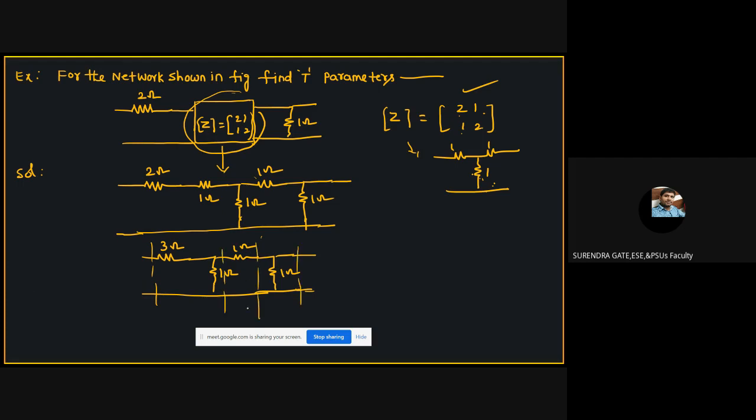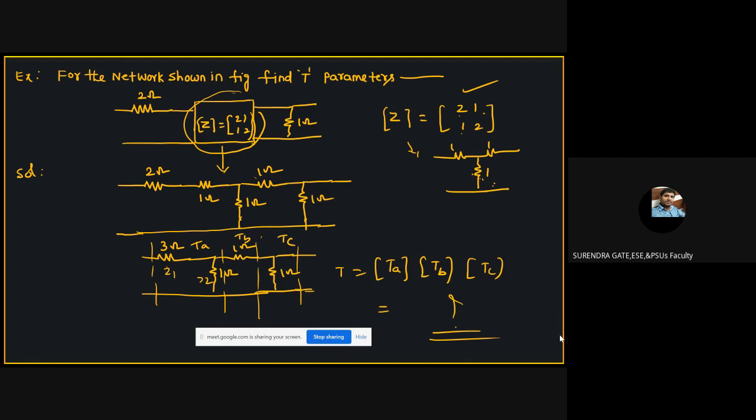Then how to write this? You know, it's just like Z1 and this is Z2: 1, Z1, 0, 1. And for the other, 1 by Z2, 1. And for this case, 1 ohm. Then you write the resultant T. This is TA, this is TB, this is TC. Then you write TA, TB, and TC. Multiply all these, and we can get the T parameters.